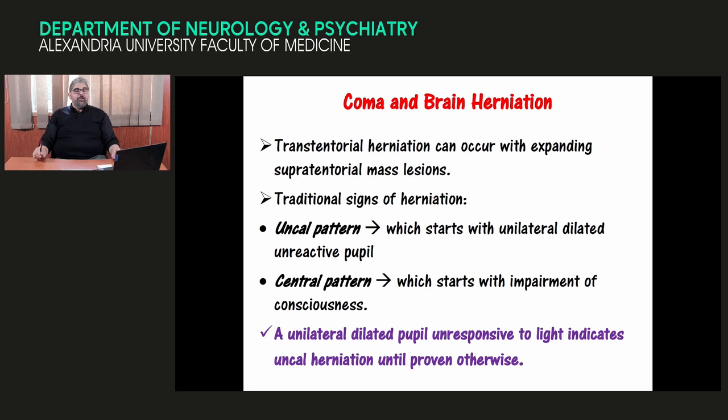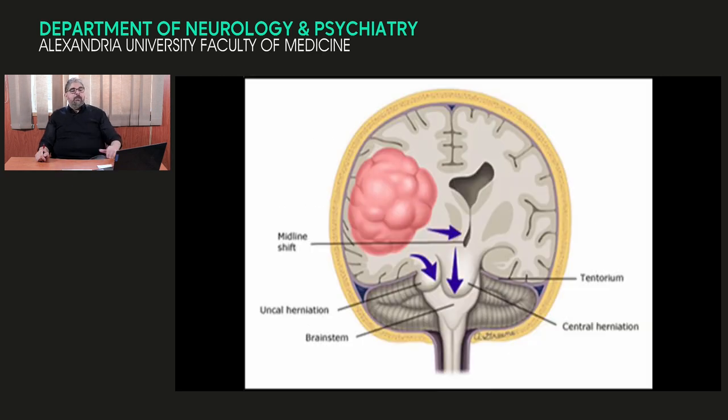So we have the traditional signs of herniation, the uncal pattern of herniation starting with a unilateral structure, and actually it causes, as we said, a unilateral dilated unreactive pupil, and the central herniation may affect the state of consciousness and cause impairment in the state of consciousness. This is the graph that we described.